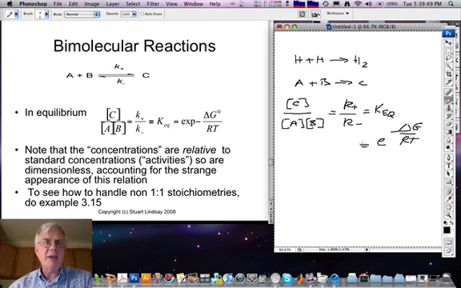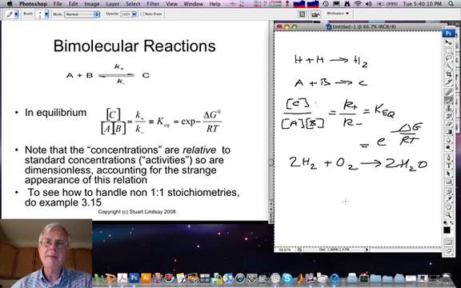Even if the reaction is controlled by one step, other complications exist because usually reactions occur by some multiple of molecules interacting with one another, as in this reaction here.